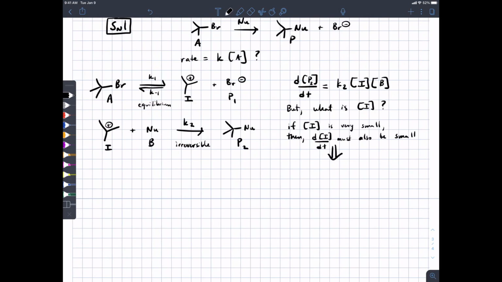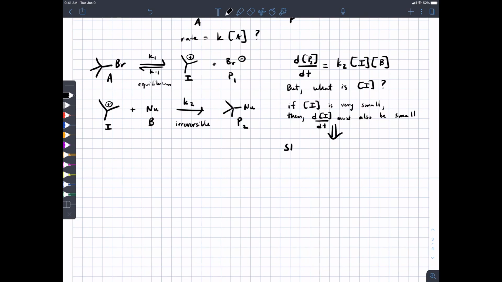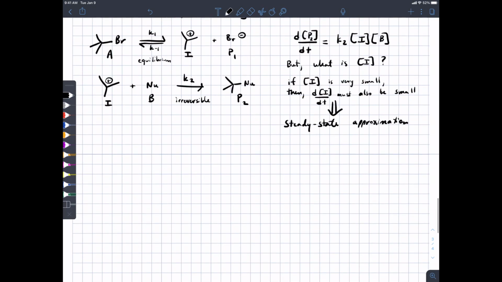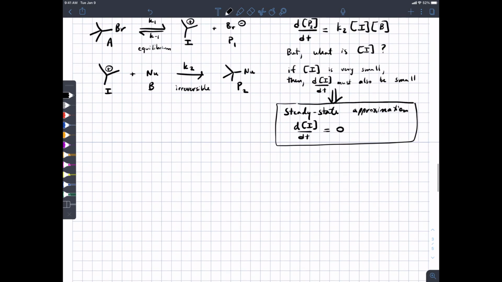And this leads us to what is called the steady state approximation. That is that during the reaction, for most of the reaction, the rate of change of the intermediate is 0. Its concentration is constant. That's a useful approximation for reasons that I will show you now.